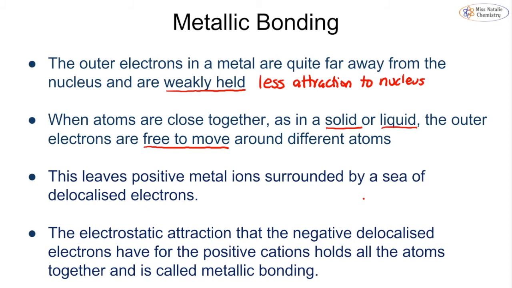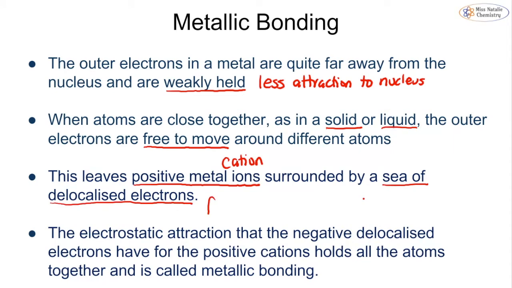So what actually happens is the outer electrons move from atom to atom. And when the outer electrons are left and they've moved to another atom, that's going to form a positive metal ion or a cation. So those cations that have lost those outer electrons all stay in place, and they are then surrounded by the sea of free electrons or delocalized.